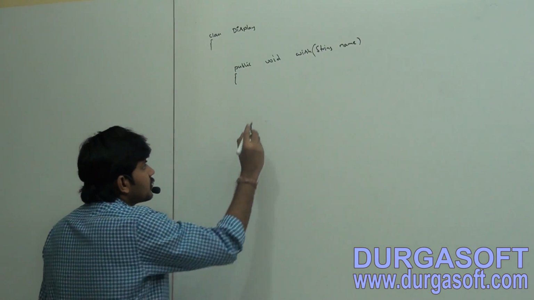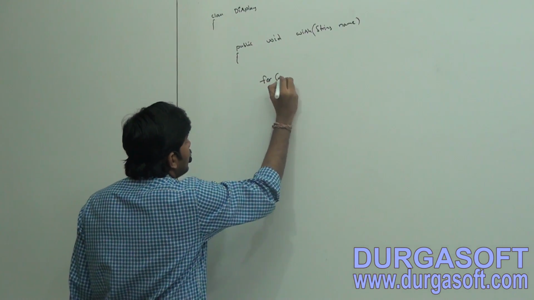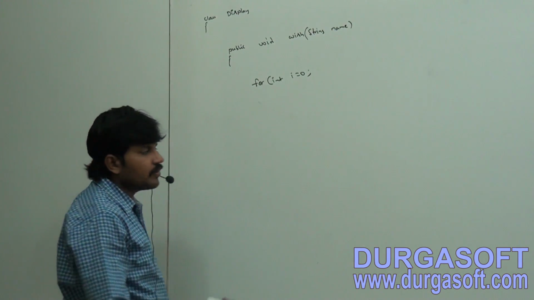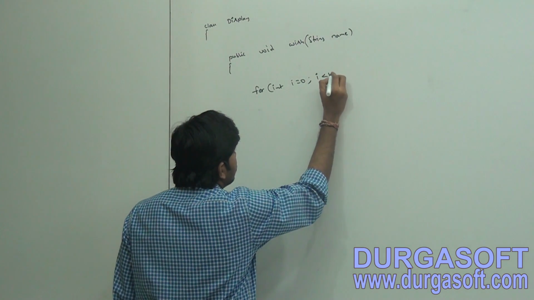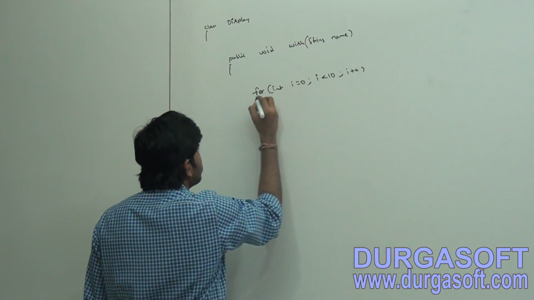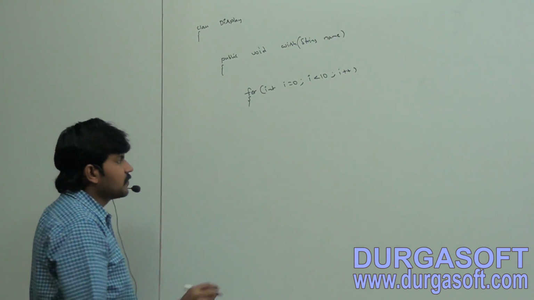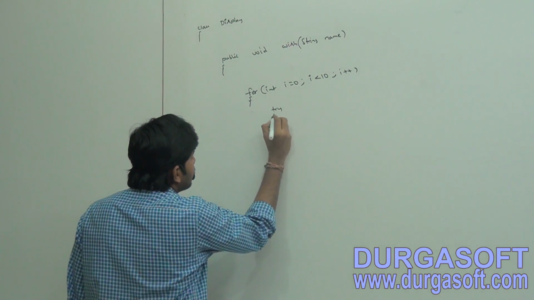Now my job is: for (int i = 0; i < 10; i++).